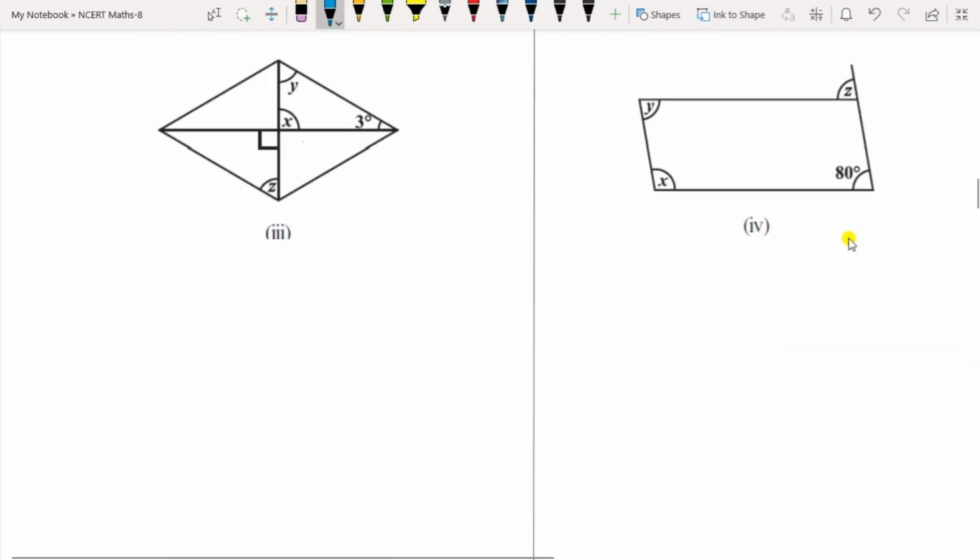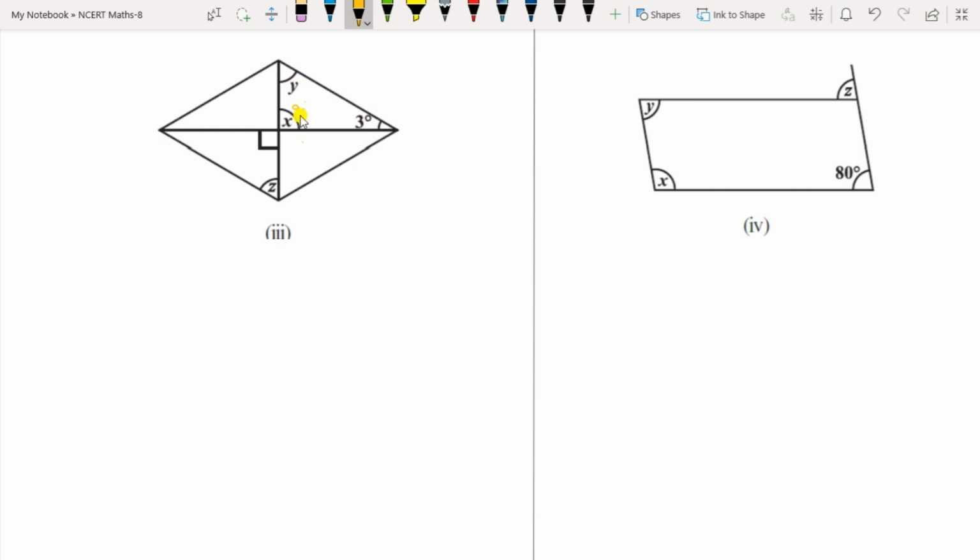Next one is, this is the kite here. For a kite you can see the diagonals are perpendicular, not kite but this is a rhombus. The diagonals are perpendicular to each other. So this is 90 degrees. So x will also be 90 degrees because of vertically opposite angles. Now here in this triangle you can see two angles we know, and the third we have to find.